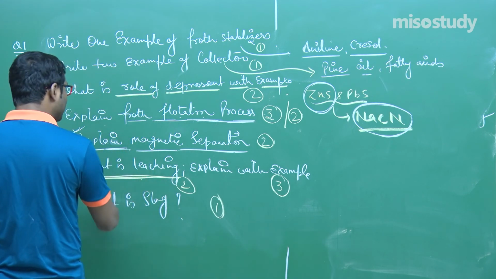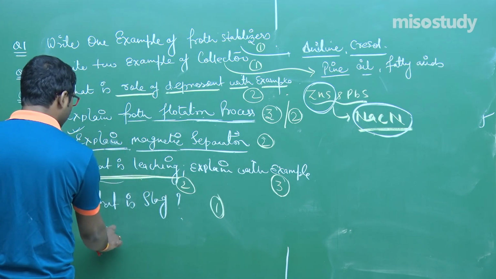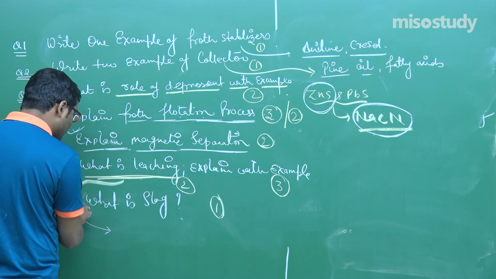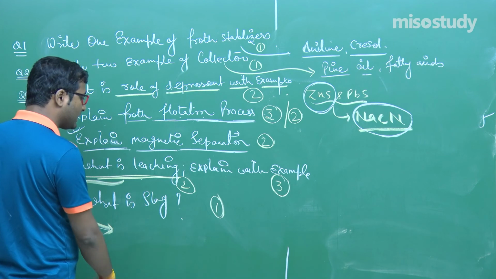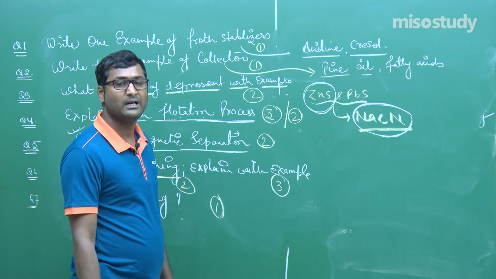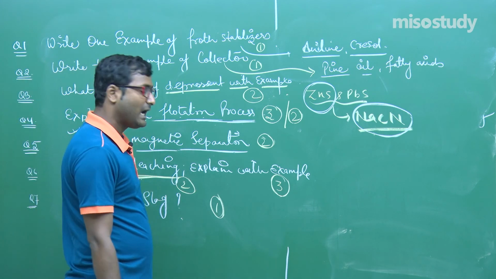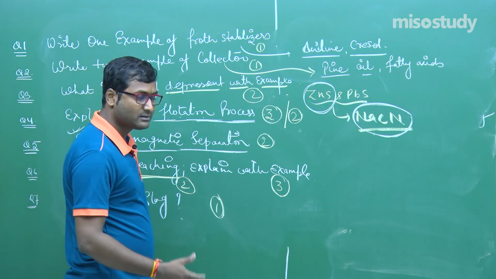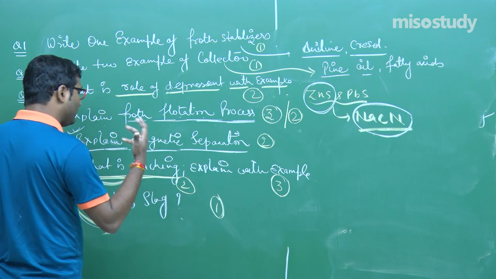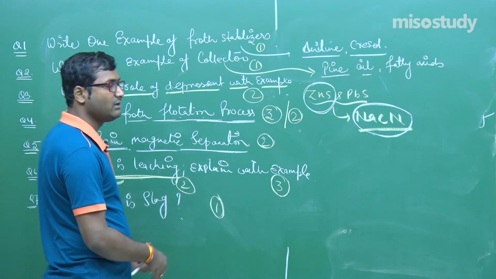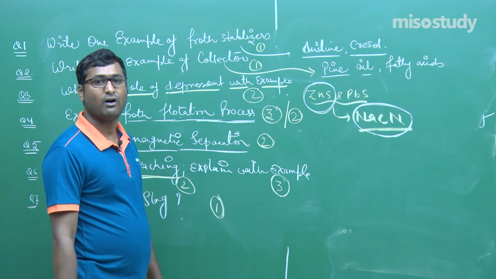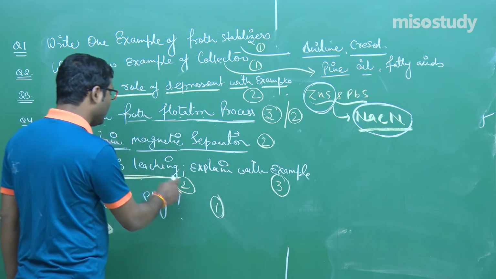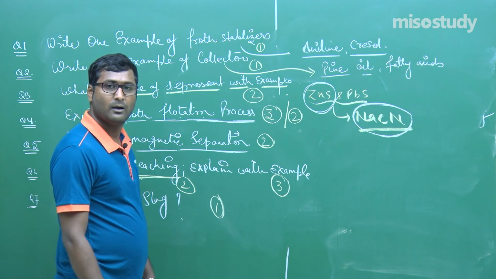Now, what is leaching? Leaching is the chemical process in which the ore with impurities is treated with a suitable solvent, a suitable chemical substance. Clear? And what will happen? It is based on the fact that the solvent will dissolve the ore, not the impurity, and a complex is formed, which on further treatment gives you the pure ore.